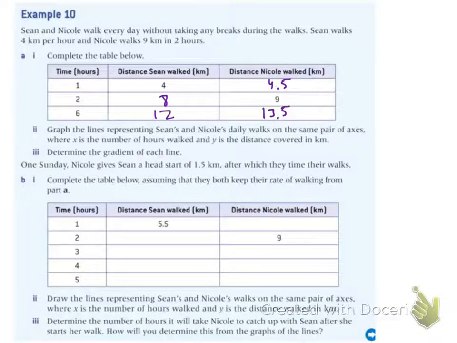It says graph the lines representing Sean and Nicole's daily walks on a pair of axes, where x is the number of hours and y is the distance covered. Determine the gradient of each. Technically, let's talk about part 3 before we even do part 2. In part 3, it says find the gradient. Well, we have the slope formula, or the gradient formula. So I can choose to use the points 2, 8, and 6.